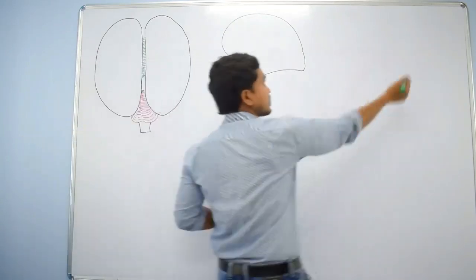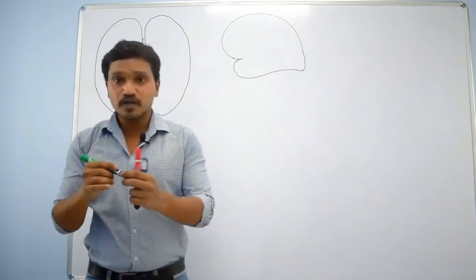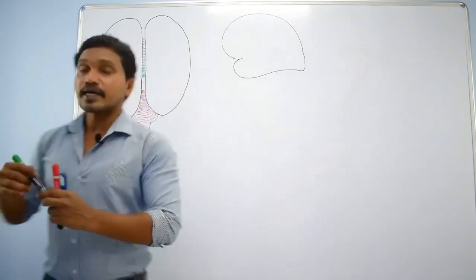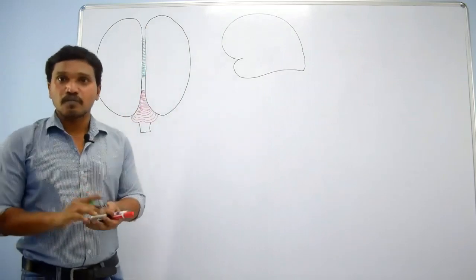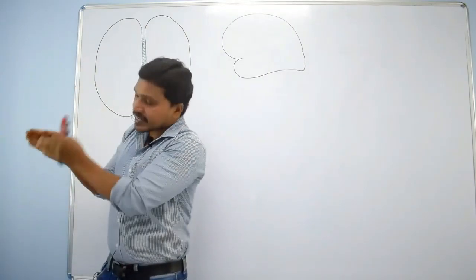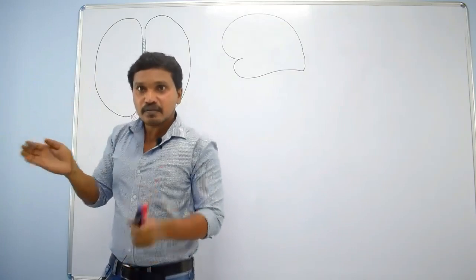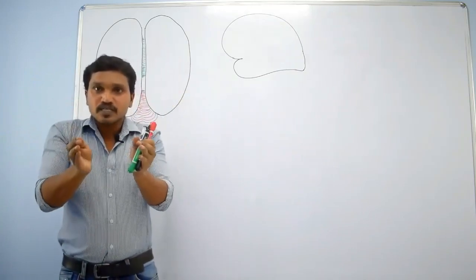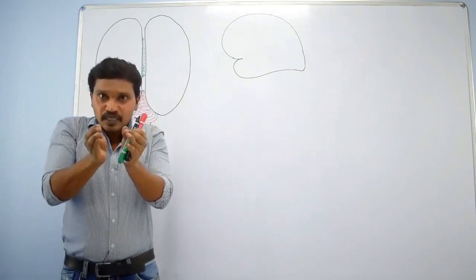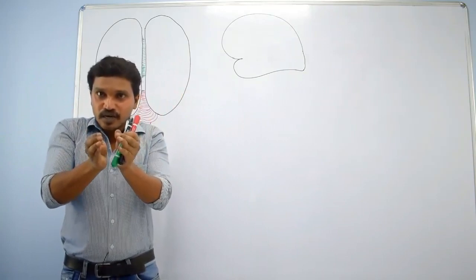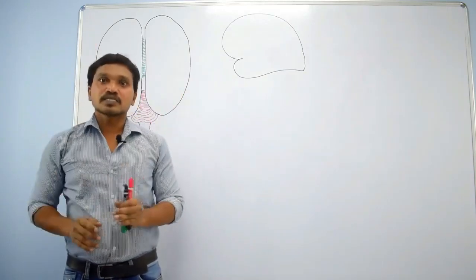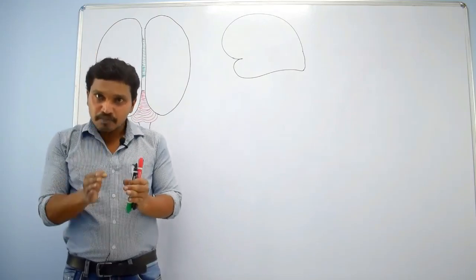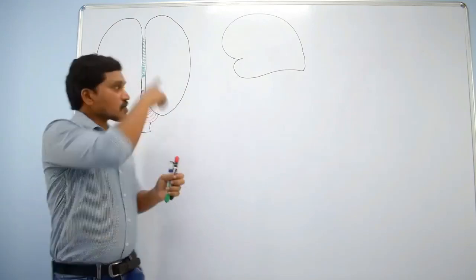Then the medial surface. Medial surface means what? We have taken a section along the corpus callosum and we are seeing it flattened. The medial surface is flat because both medial surfaces are present against each other, separated superiorly by the falx cerebri, and in the middle connected by the corpus callosum.